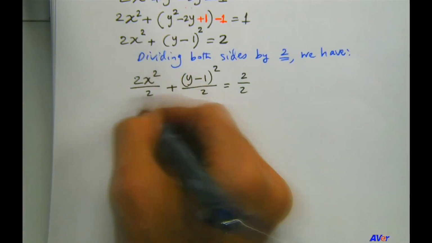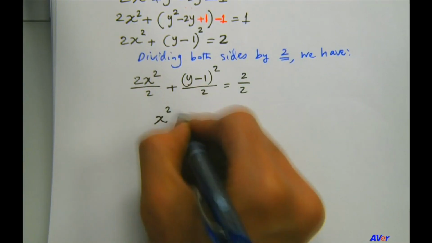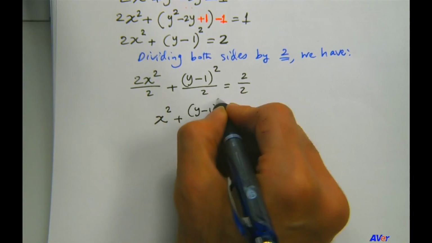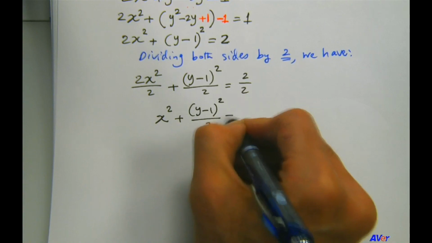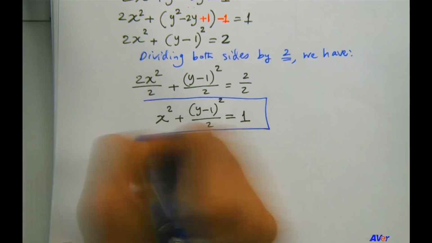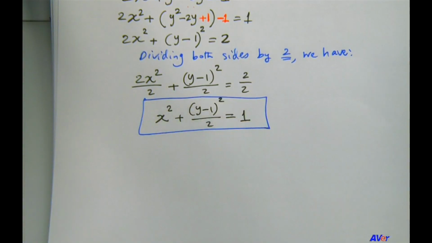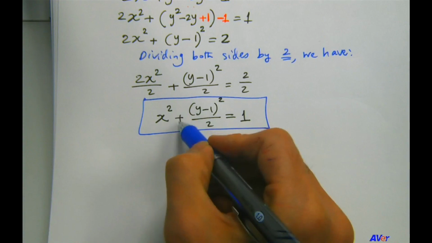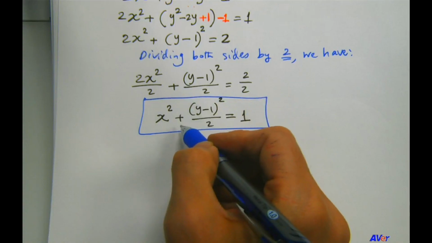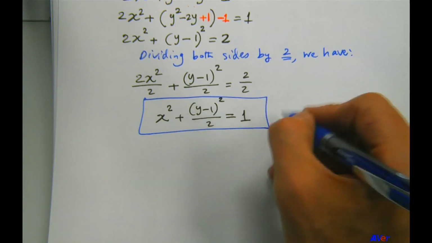So the 2 and the 2 cancel here. We have x squared plus y minus 1 squared over 2 equals 1, right? Okay. What kind of an equation, what conic section is this? Do you remember? This is plus, not negative, so not minus. So definitely this is not a hyperbola. So definitely this has to be an ellipse.